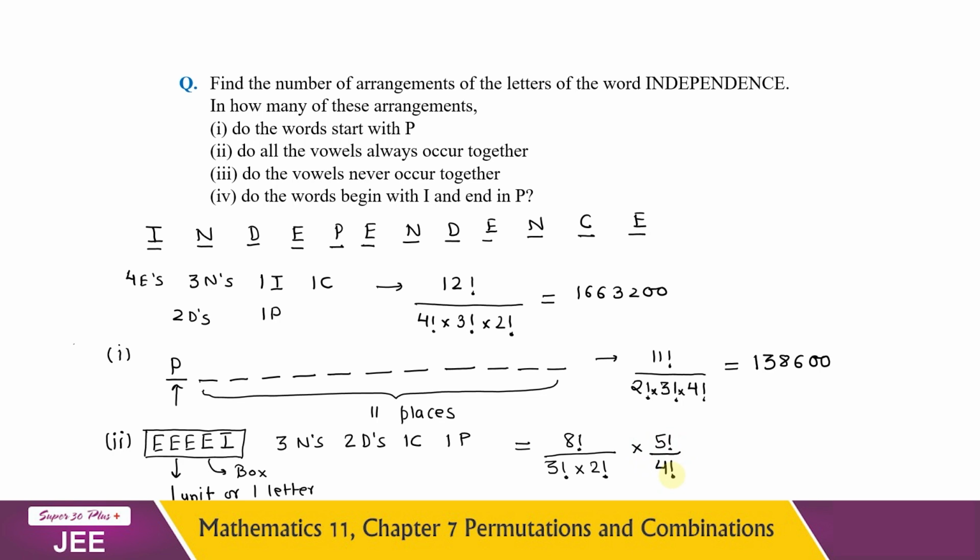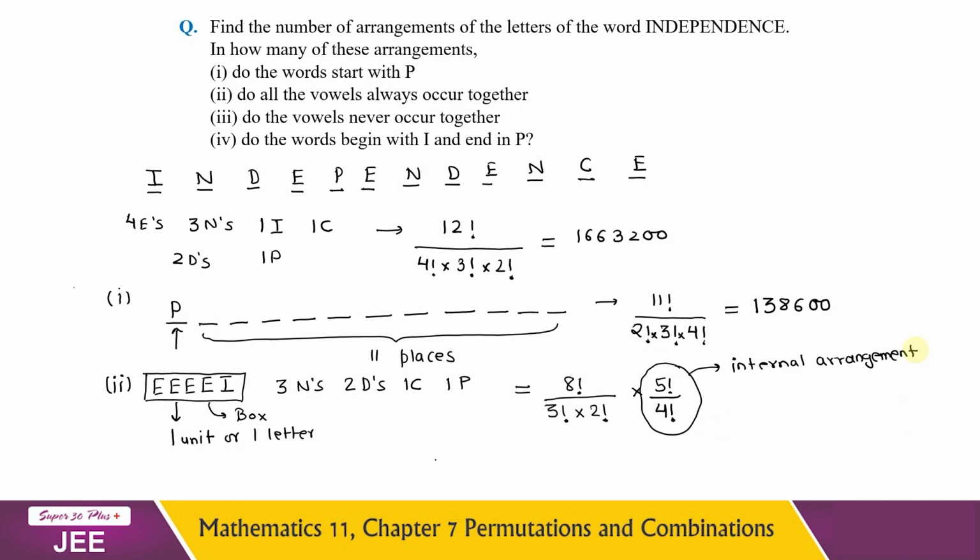Alright, first of all, what did we do? We considered all this together as 1 unit or 1 letter. So in total there were 8 letters. 8 letters were arranged in how many ways? 8 factorial divided by 3 factorial multiplied by 2 factorial. And then we have further multiplied this quantity with 5 factorial divided by 4 factorial. Why? Because this indicates the internal arrangement, the arrangement inside this box.